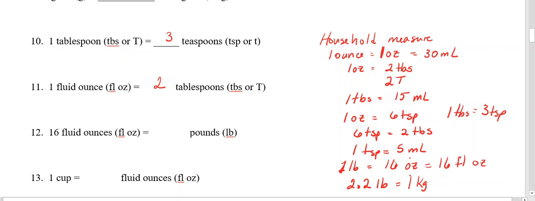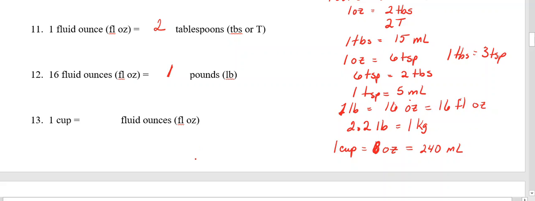Well, 1 pound is 16 ounces, and 16 fluid ounces is the same, so 16 fluid ounces equals 1 pound. Then let's go into this one. 1 cup, and again, I'm talking an 8-ounce cup, is equal to 8 fluid ounces.